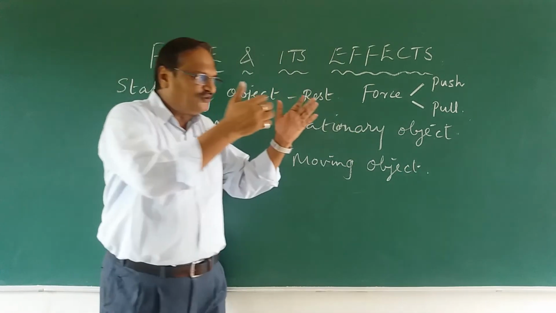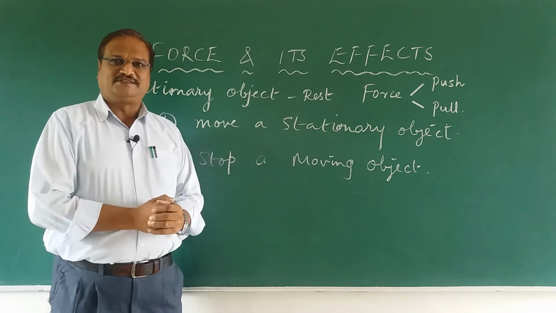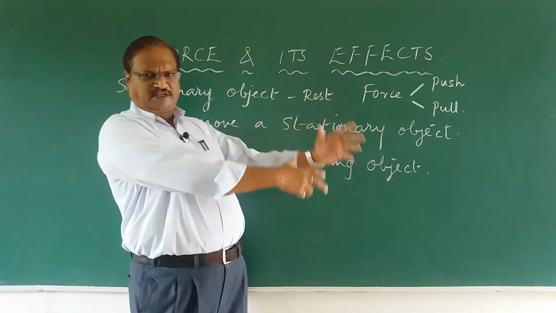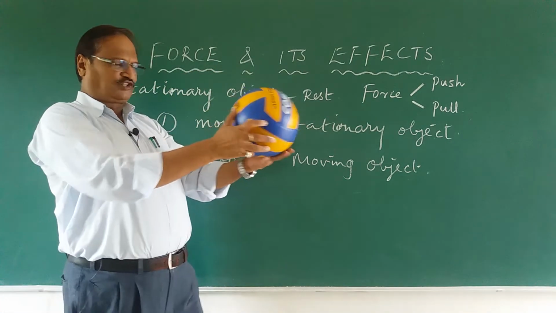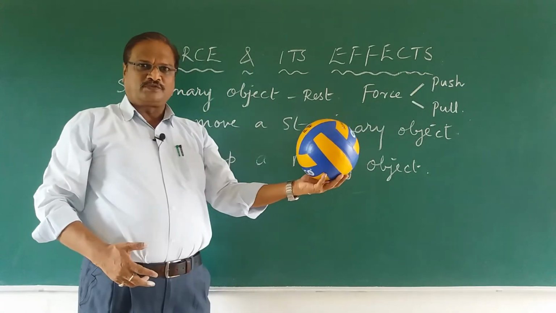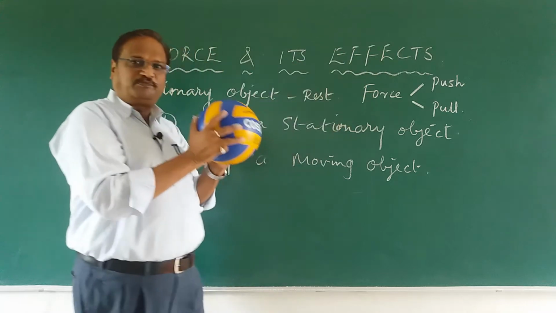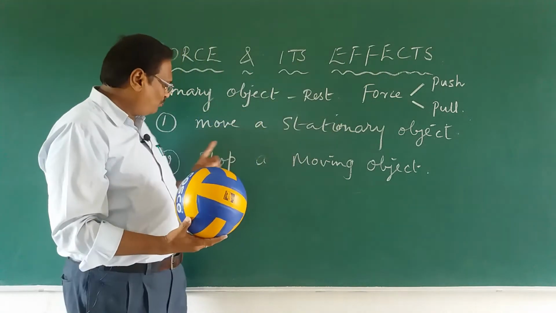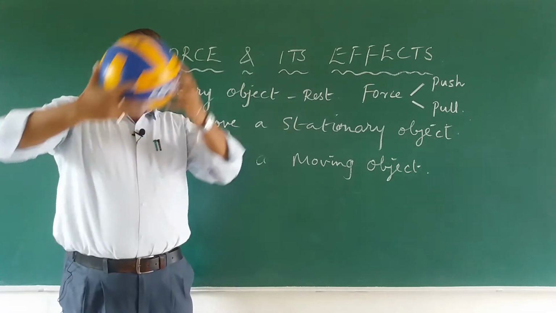For example, you are playing football and you are the goalkeeper and the ball is coming very fast. Yes, I got a ball with me, right? And think this ball is moving fast towards you. As a goalkeeper, what you want to do? You want to stop the ball, right?